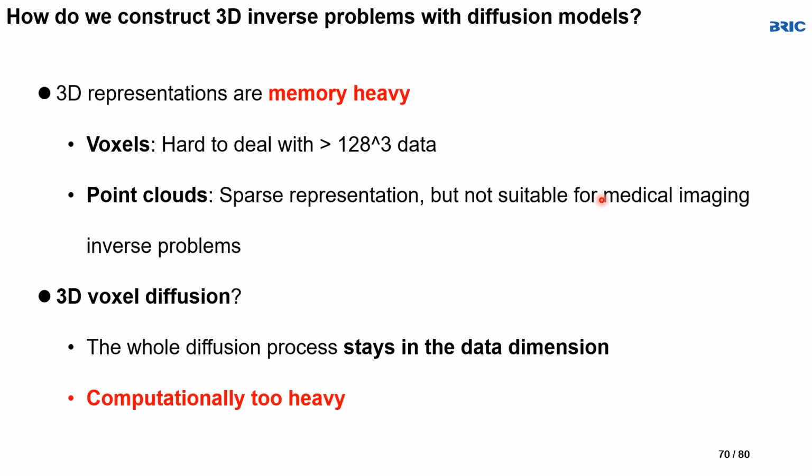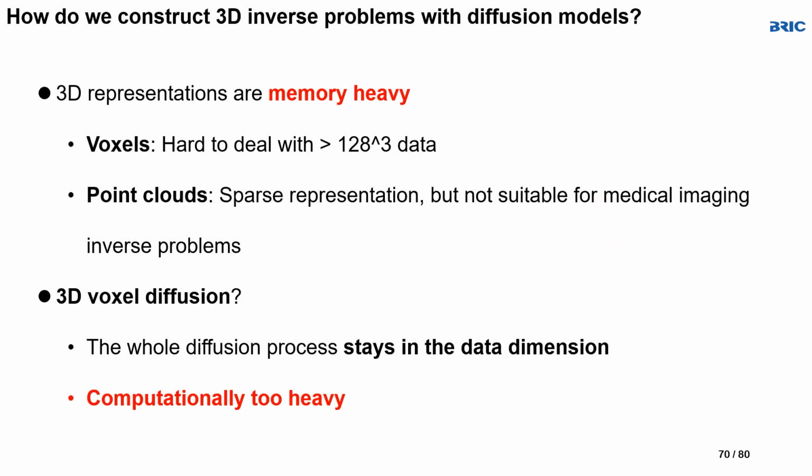It's just too memory inefficient and tends to be very heavy if we try to scale over a 128 cubed resolution. These are the main reasons that the computer vision folks like to use meshes, point clouds, or more recently, neural fields. However, using representations other than voxels is not feasible for medical imaging inverse problems when seeing the interior of the 3D volume is of absolute necessity.